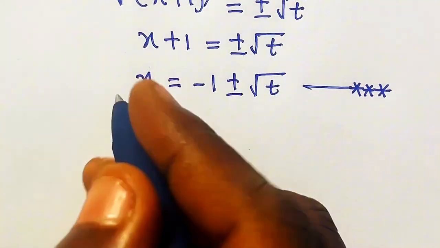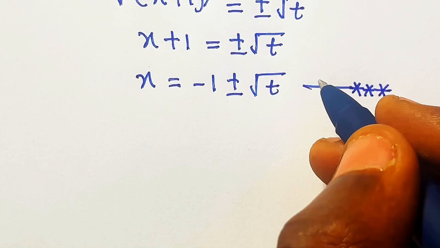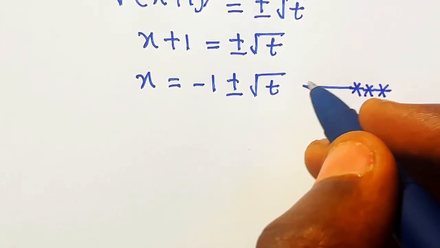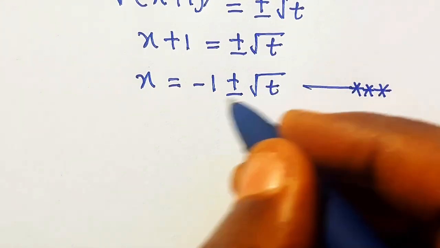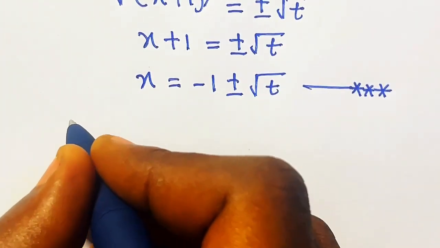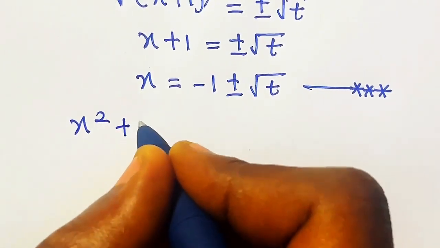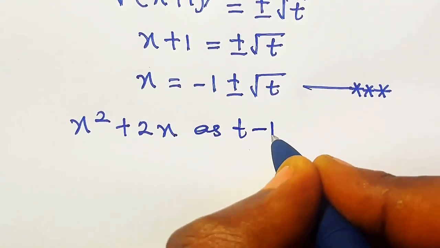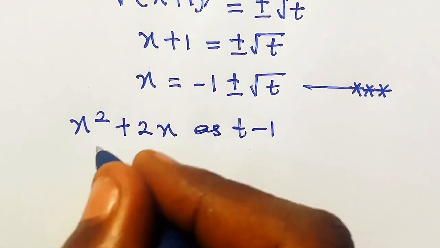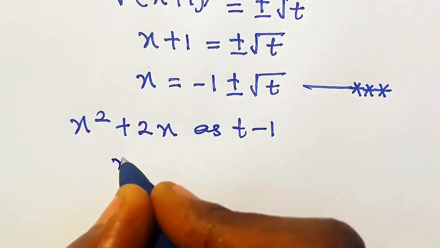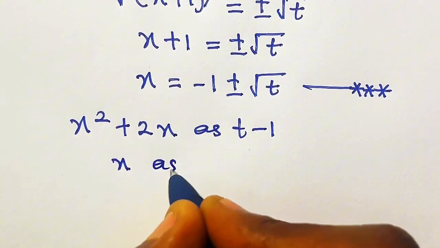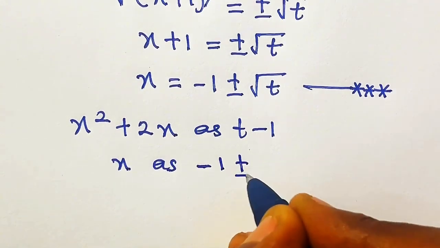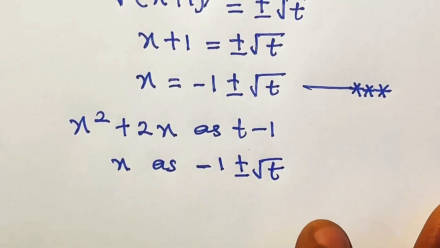Alright. So now we can go back to the original function and replace the necessary terms with the appropriate variable, like replacing x squared plus 2x as t minus 1, and also replacing x with minus 1 plus or minus the square root of t.